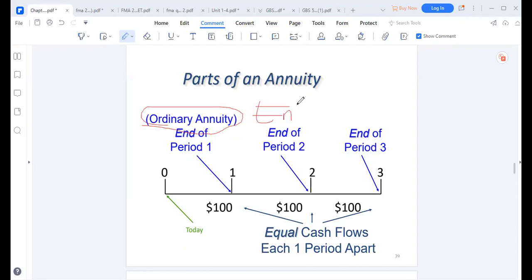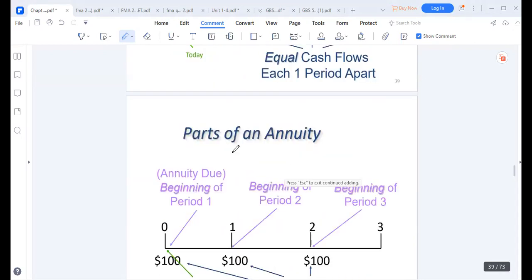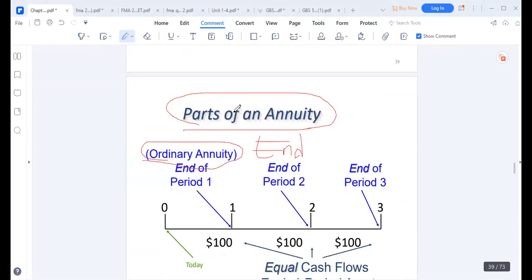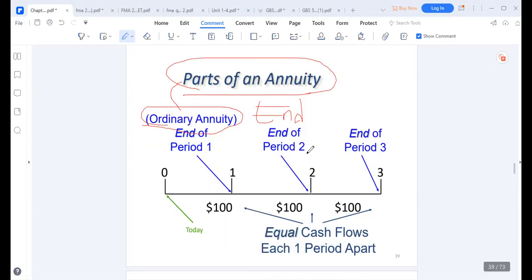The other one, annuity due, is where the payments or deposits are done at the beginning. Ordinary annuity is at the end of the period. So the distinction between the two matters.